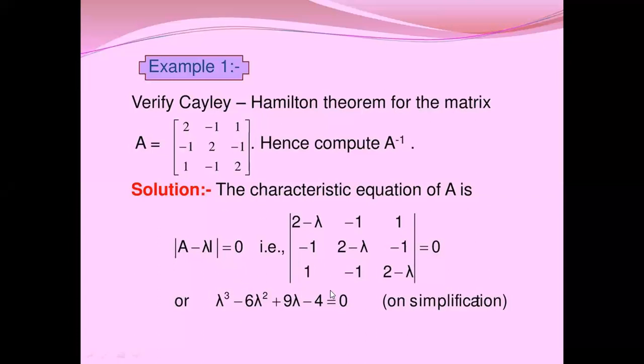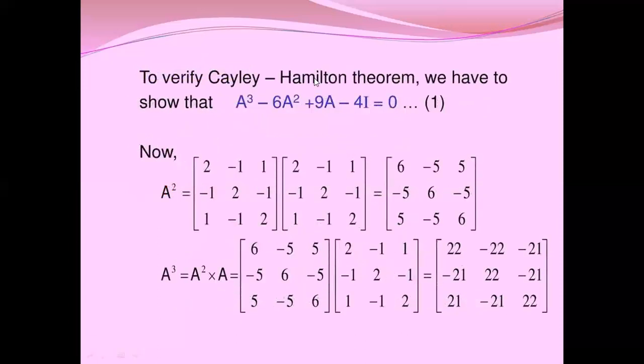After substituting, we get the next equation, which is the first equation over here. Now we have to find A square. In order to find A cube, we first start with A square. The given matrix is multiplied with itself, a 3 by 3 matrix multiplied together, by which we get 6, -5, 5; -5, 6, -5; 5, -5, 6.